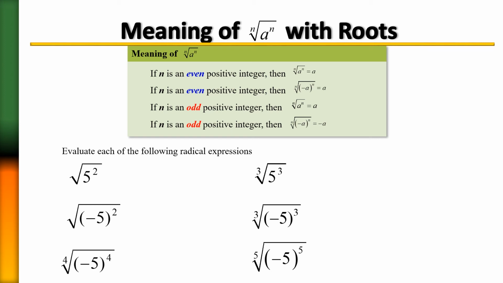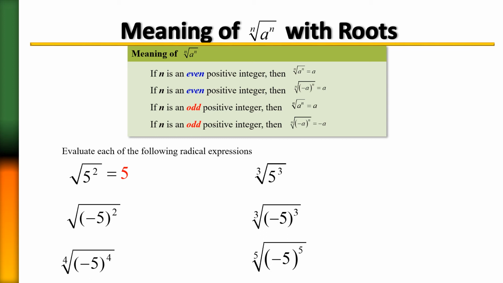Now, if you really were to multiply that out, you would see that it will equal 5, because what is 5 squared? 5 squared is 25. And what's the square root of 25? The square root of 25 is 5. So however you want to compute or evaluate it, it's still going to equal 5.